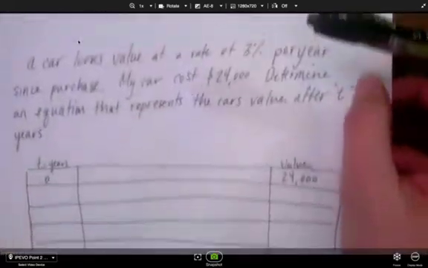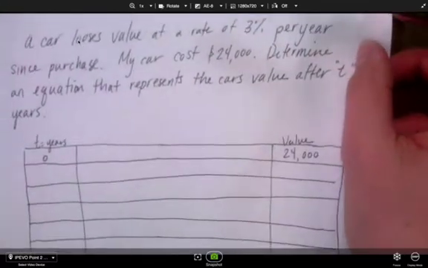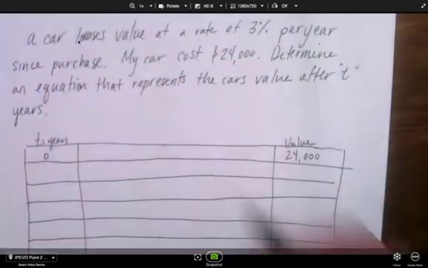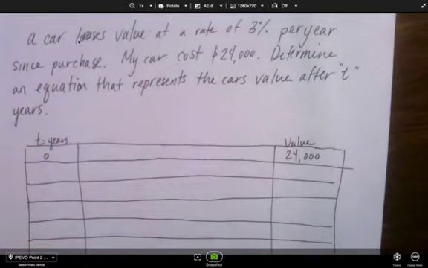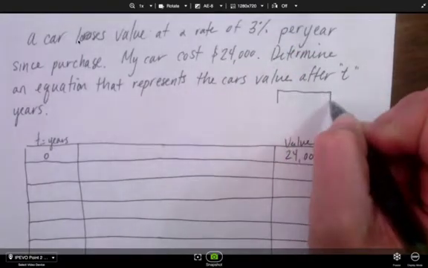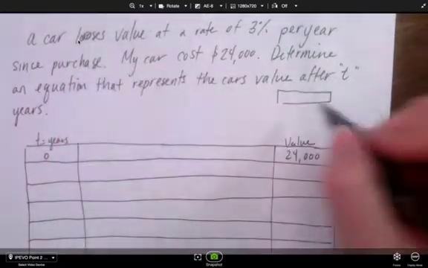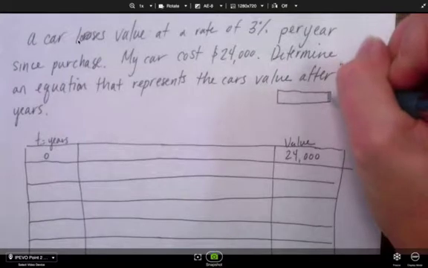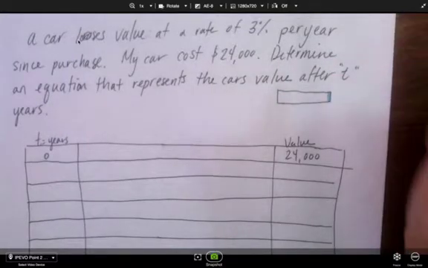The next one, you guys, is a similar question, but in this case we're losing value, right? So if we had our population, in this case it's a value, and we're going to lose 3% of it. So this 3% right here is going away.